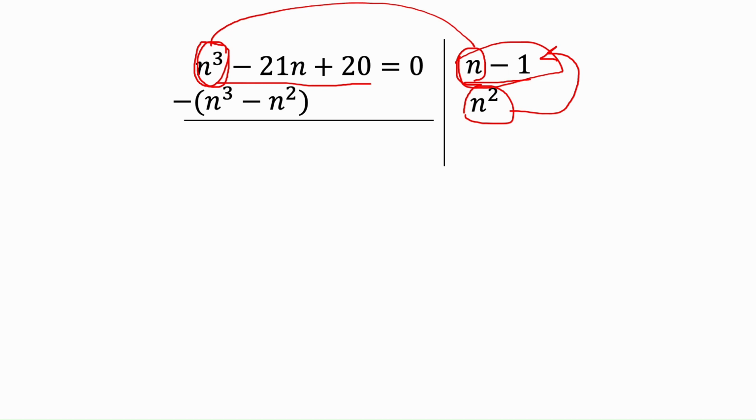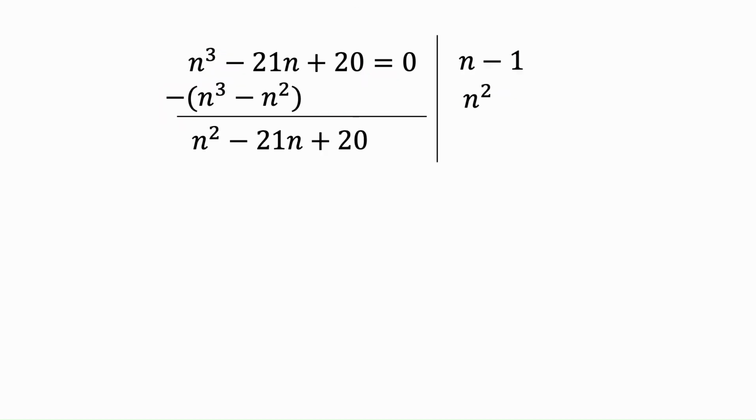So exactly like other divisions, we should subtract these new parts from the main one. So let's go and subtract it. We will have n squared, because the n cubed terms are going to cancel together, minus 21n plus 20. Okay.